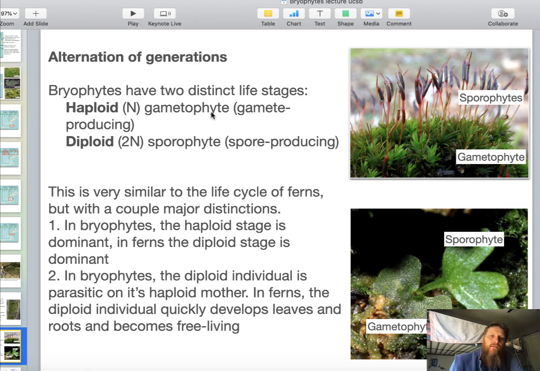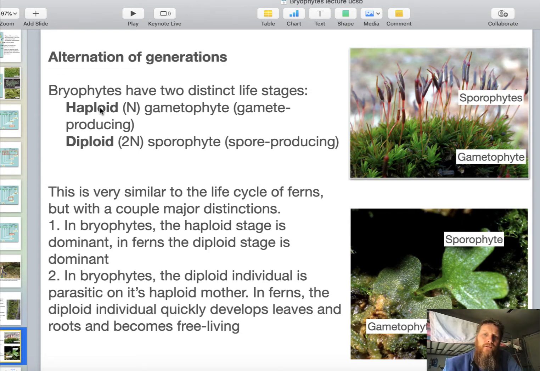That is the parent of a diploid, or 2N, sporophyte, or spore-producing plant. Then those spores produce haploids, which then produce gametes that produce diploids. Those diploids produce spores, which produce haploids. So you get this alternation between haploid and diploid, sporophyte and gametophyte generations.